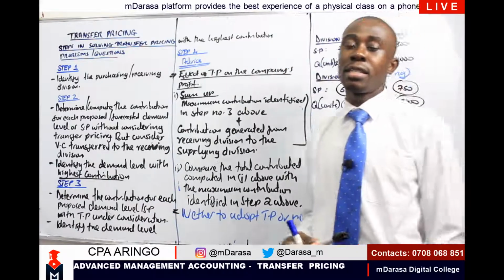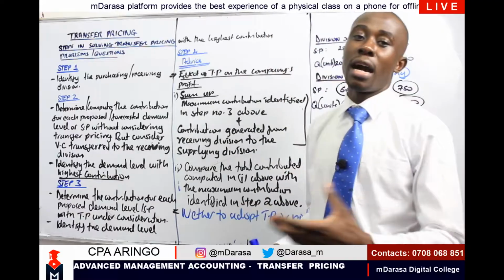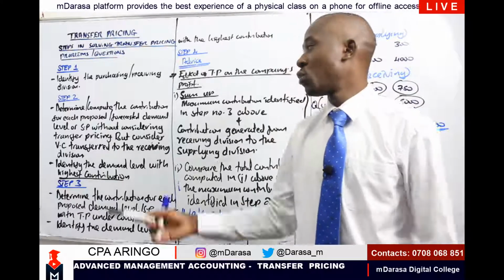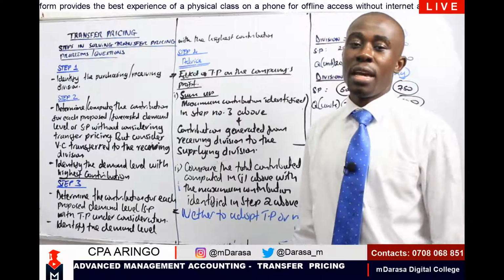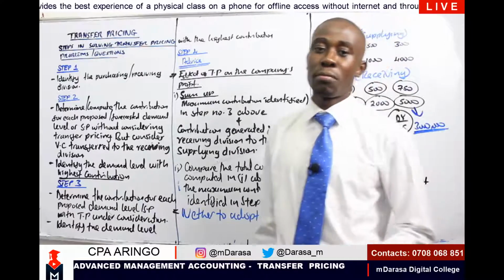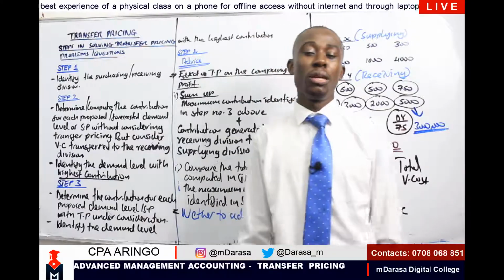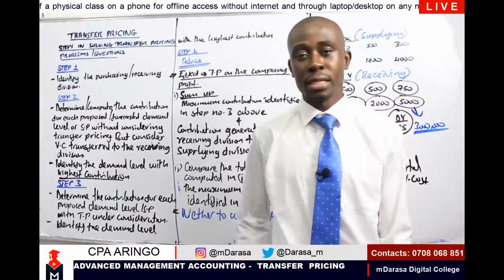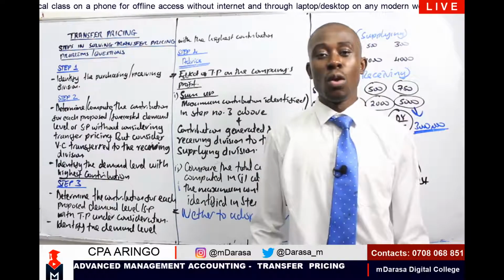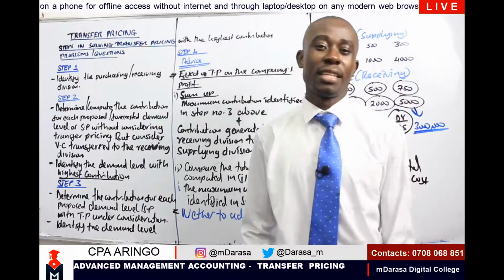If I realize that with transfer pricing I can have a higher contribution, why should I go with the one without transfer price? And if I realize that if I adopt transfer price my contribution will be reduced, why should you then take the transfer price?